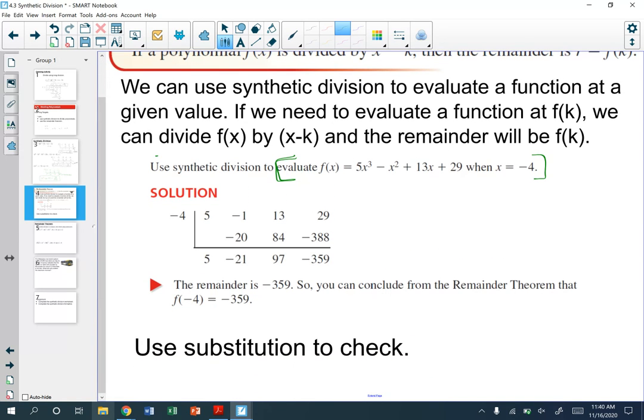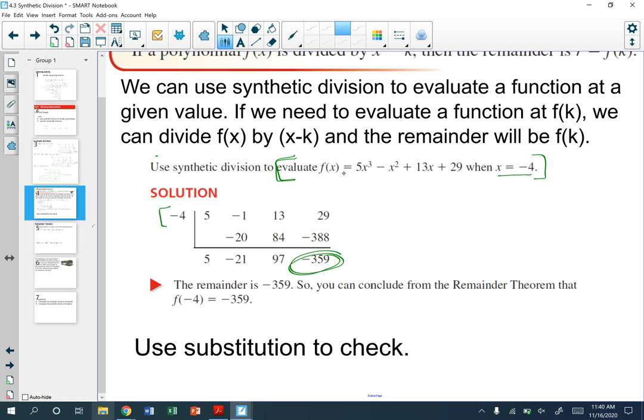But another way to do that is using synthetic division. So here you notice x is already solved. So we put that -4 as our divisor. We write out the coefficients of our function here, go through the synthetic division process, and whatever our remainder is, remember this is our remainder, that is that function evaluated at the given x value.